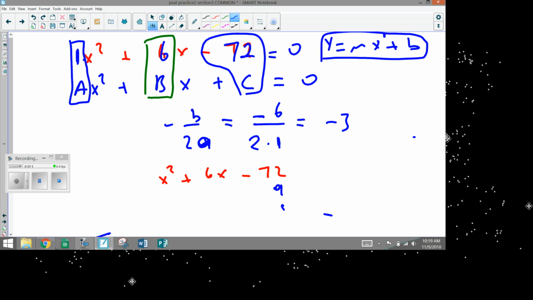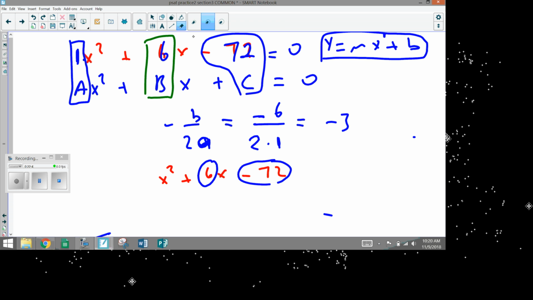Let's check 9 and 8. My goal is when I multiply two numbers to get negative 72, and when I add the two of them, I should get the number in the middle. I may get 72 when I multiply those two, but there's no way to get 6 when I add or subtract these two, correct? So I should change 9 and 2.